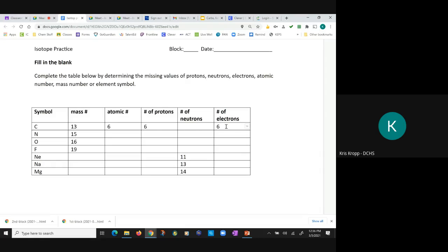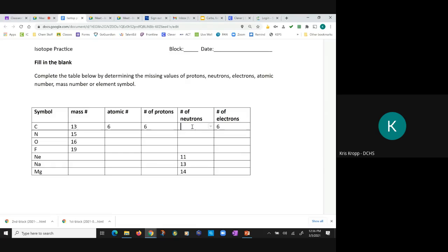All right, so the last thing I have to fill in here is the number of neutrons. How do I get the number of neutrons? Oh man, Olivia's already got it in there. 7. Where'd you get 7 from, Olivia? The mass subtracted by the atomic number.